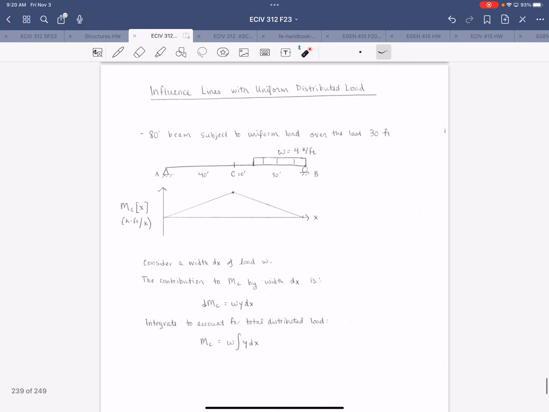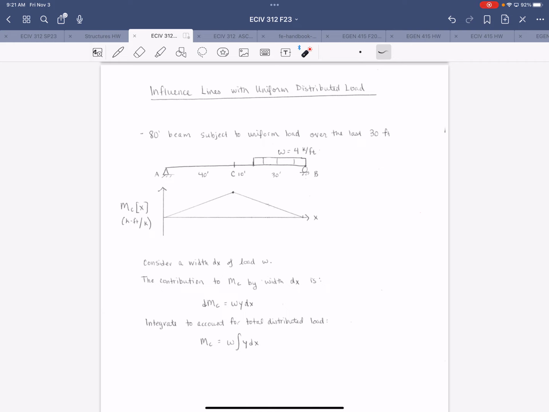So now we'll go and focus on how to tackle distributed loads. And this is a little bit more involved than point loads, but it's the same idea. We're going to relate the value of our influence line and use that information to calculate what the maximum response would be due to a distributed load.